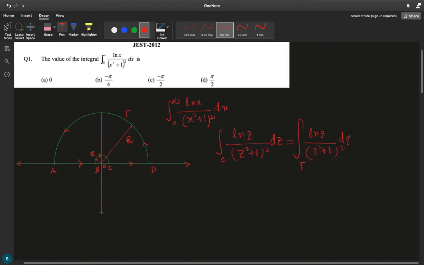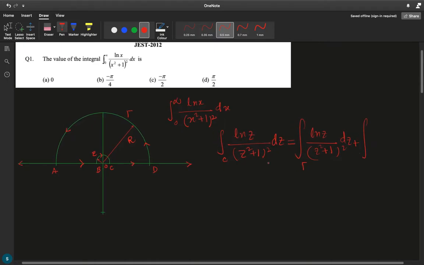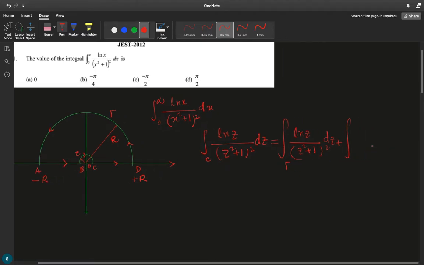Now the second one is A to B. If this is radius, this is plus R, obviously, and this is minus R.